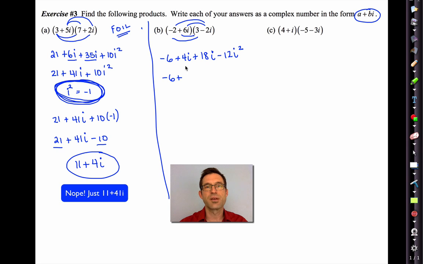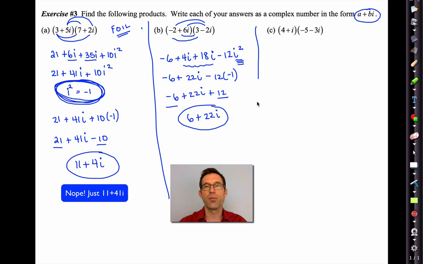I'll oftentimes combine these things first, 22i, and then whenever I see an i squared, I'm going to replace it with a negative 1. So that's negative 6 plus 22i plus 12. That's not minus 12 minus 1. It's minus 12 times negative 1. So I can now combine these two, and that's a positive 6 plus 22i.